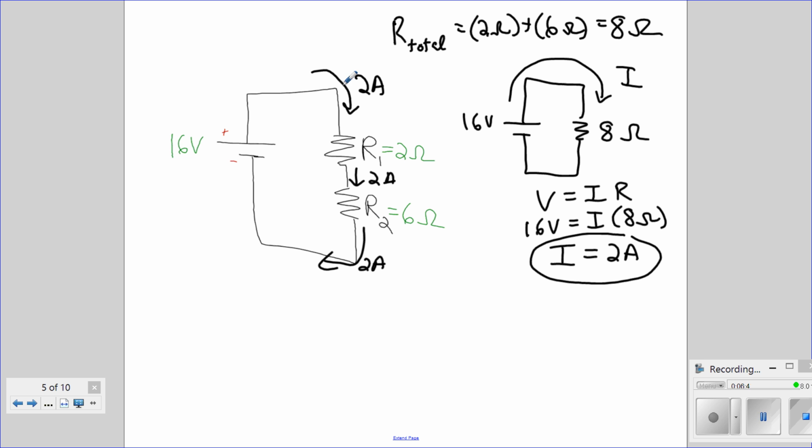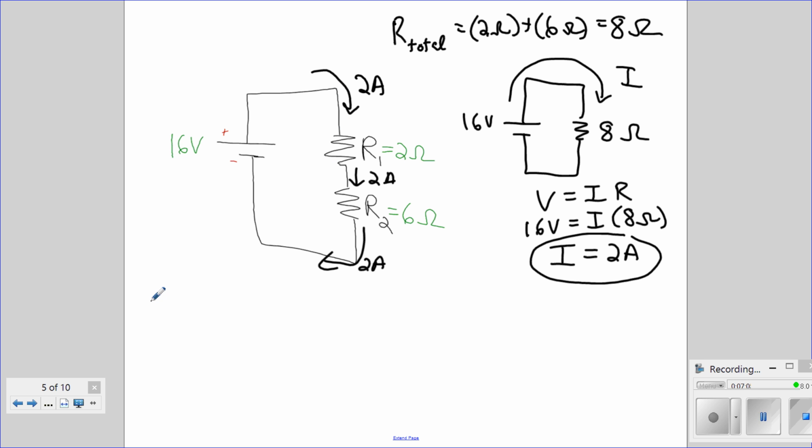We don't lose current in any of the resistors. Again, every electron that goes into the resistor must come out of the resistor, so we have the same number of electrons flowing by every second, so we have the same amount of current flowing everywhere in the circuit. Now, we can also use Ohm's law for the individual resistors.